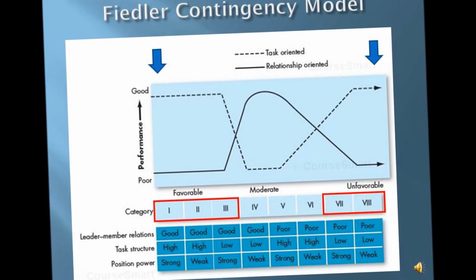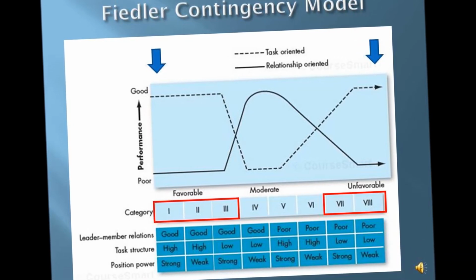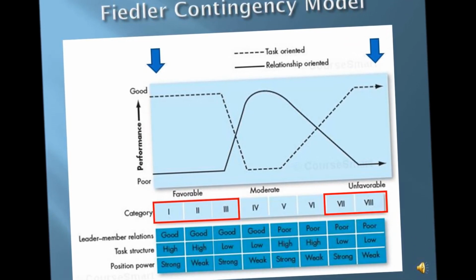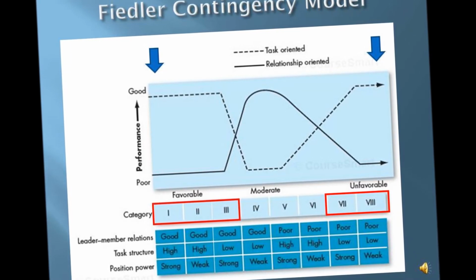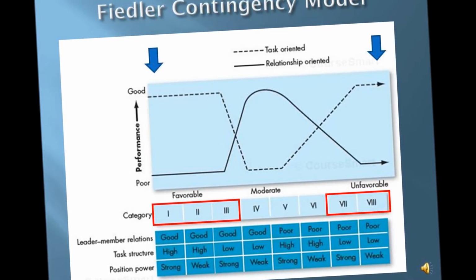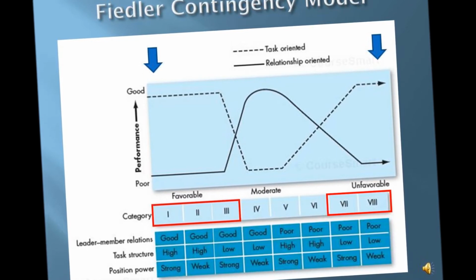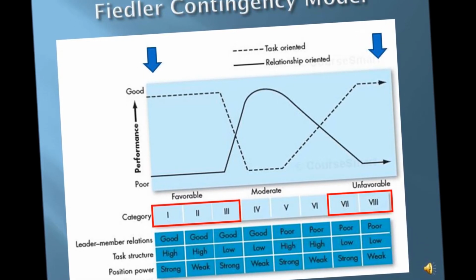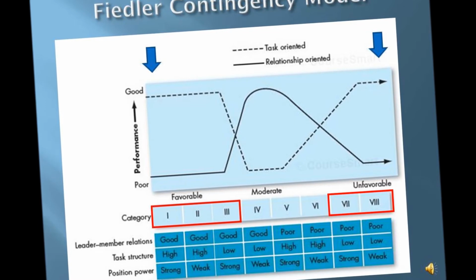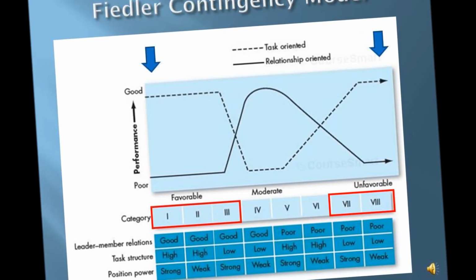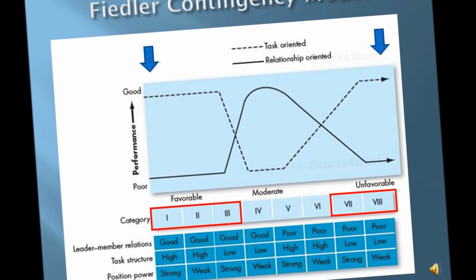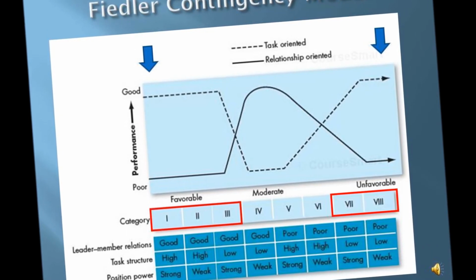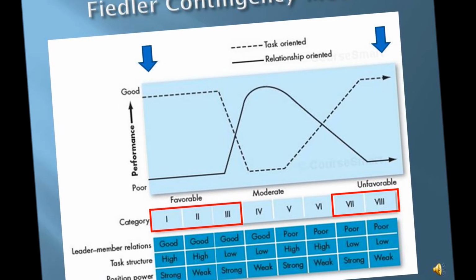So when faced with a category 1, 2, 3, 7, or 8 situation, task-oriented leaders perform better. In order to apply these findings, you would match leaders in terms of their LPC scores with the type of situation, in terms of the leader-member relationships, task structure, and position power for which they're best suited.